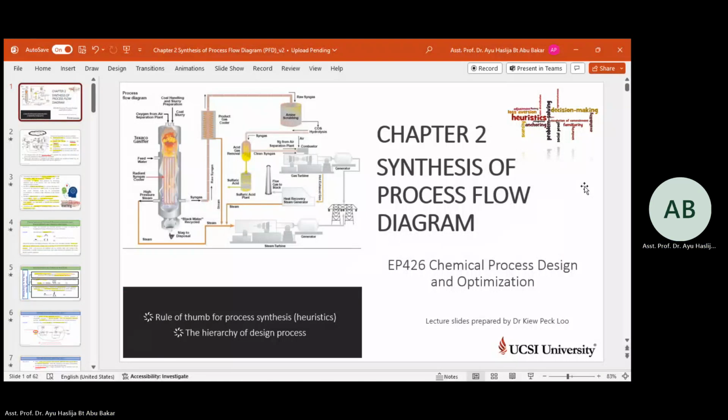In Chapter 1, we have learned the approach, the principle, the steps, the sequence. Now we move into details on the process synthesis part.